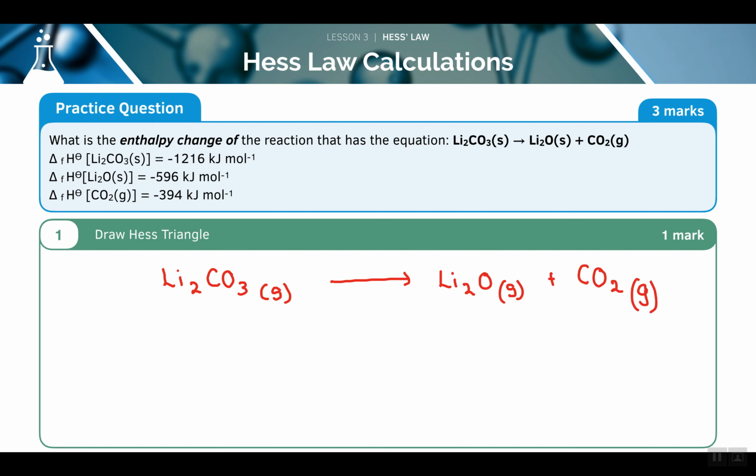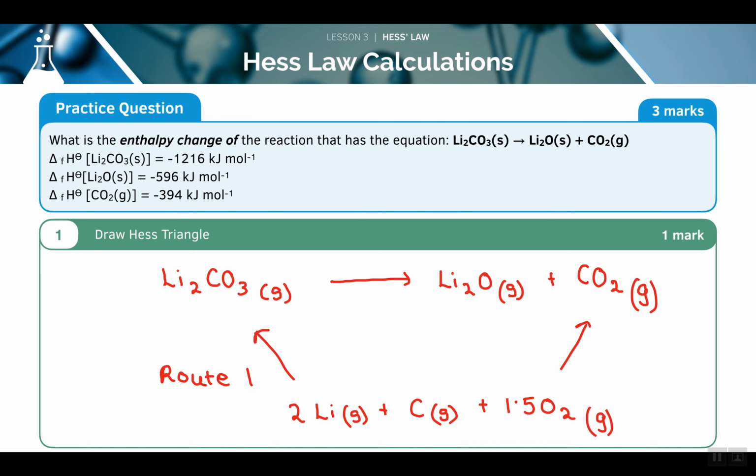To draw a triangle, we need to go from the reactants, which would be 2Li, and carbon, plus 1.5 O2. We can get to here through route 1 or route 2.